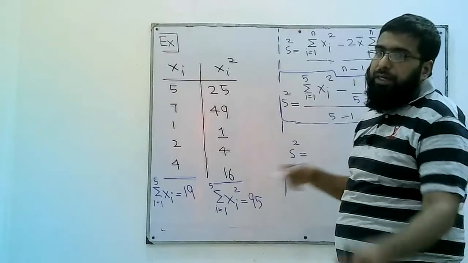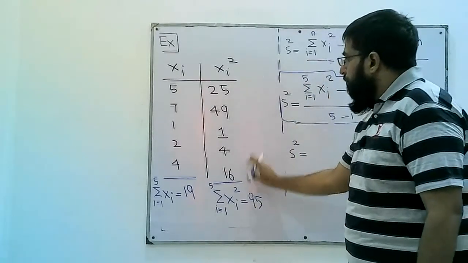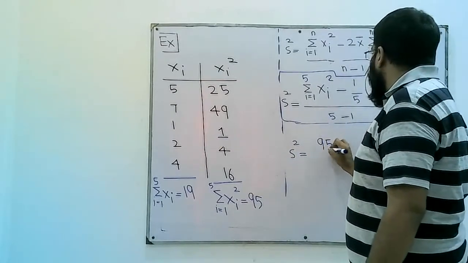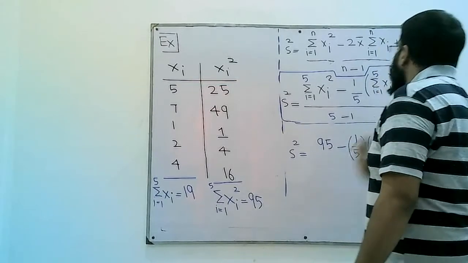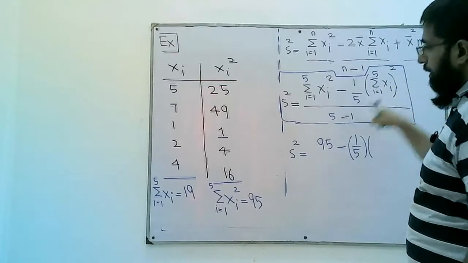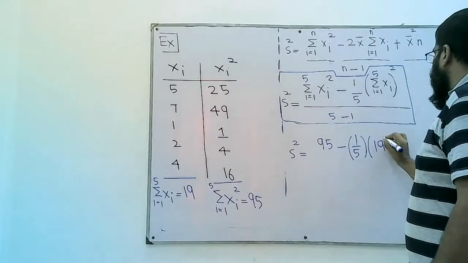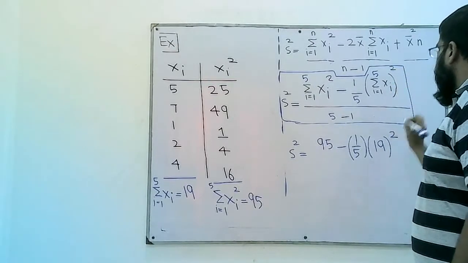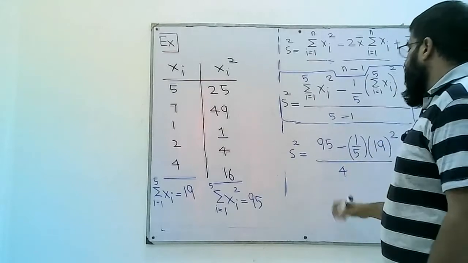We have squared each number and then summed them. We have computed the sum over this column, and the answer is 95, minus 1 over 5 times the summation over xi. The summation over xi is 19, and this is squared. You have to remember this is squared, all over 5 minus 1, which is 4.